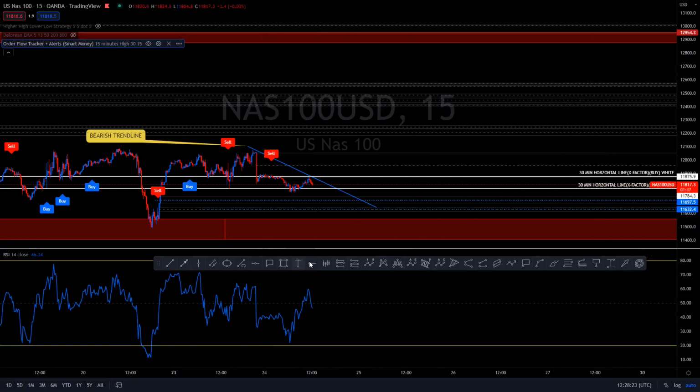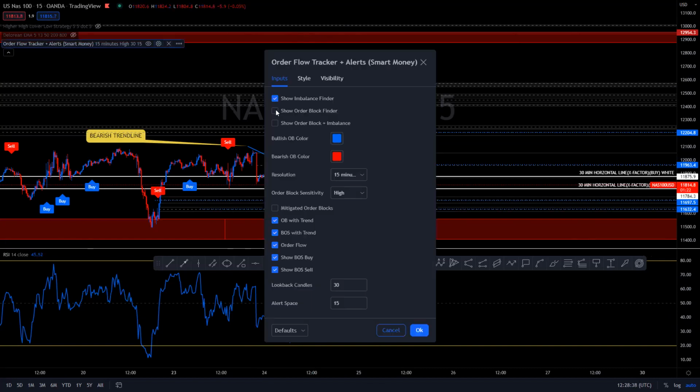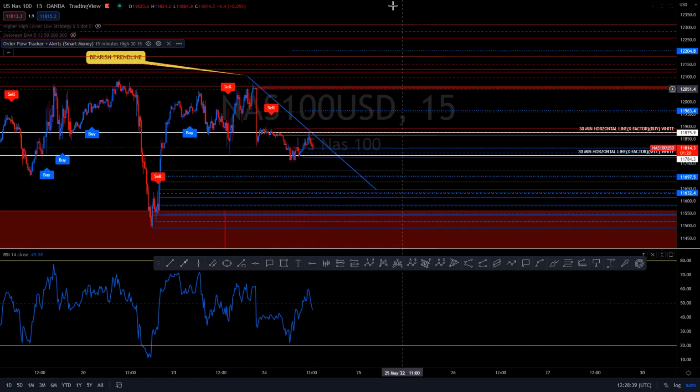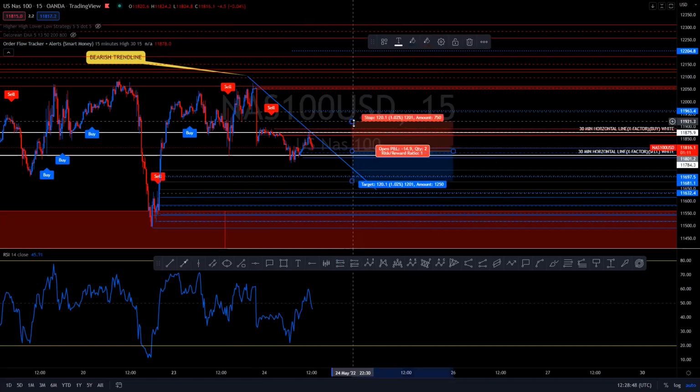And then I want to set my take profit zones for the buy. So now what I'm going to do is just take my risk to reward tool. It's going to be for the sell. Okay.